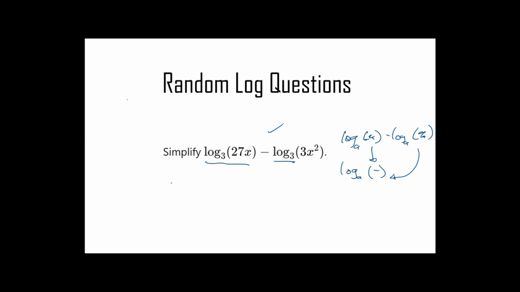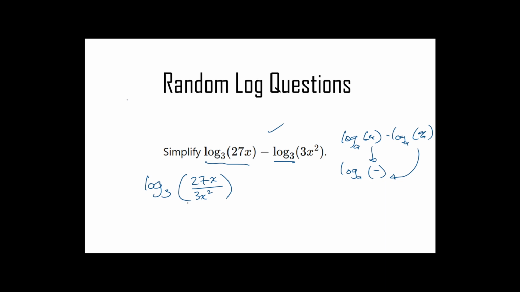Okay, so is it going to work? Yeah, that's going to work. We can keep that x squared there. All right, so log 3 of 27x over 3x squared.